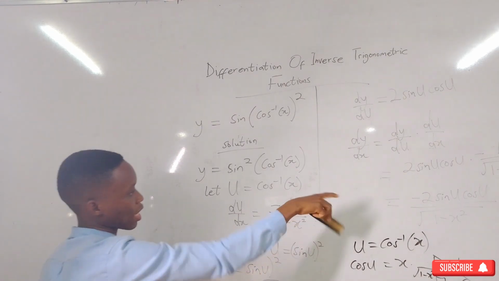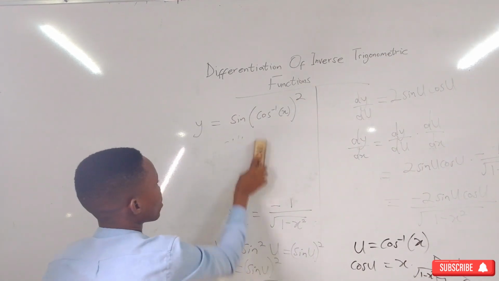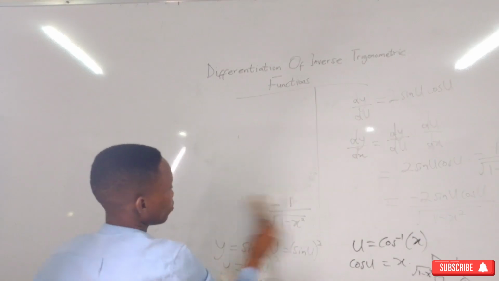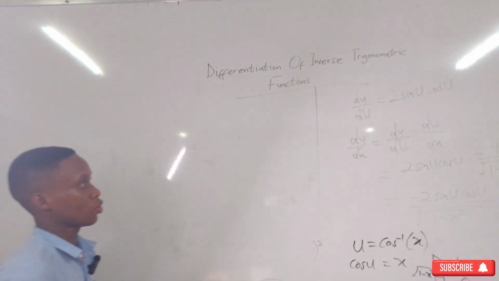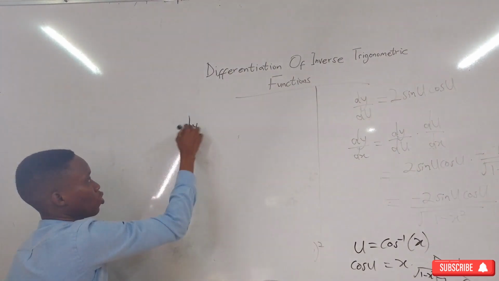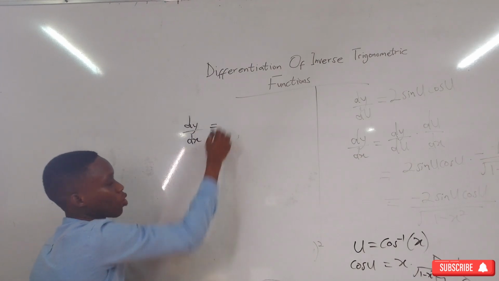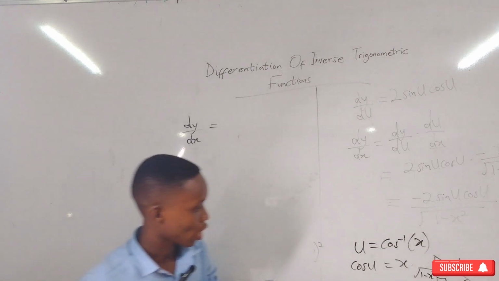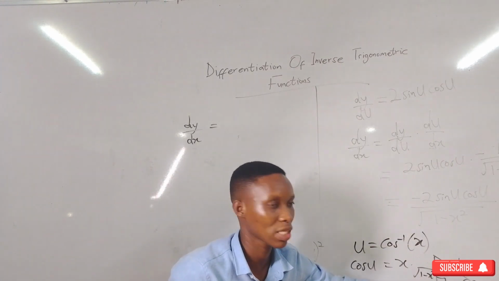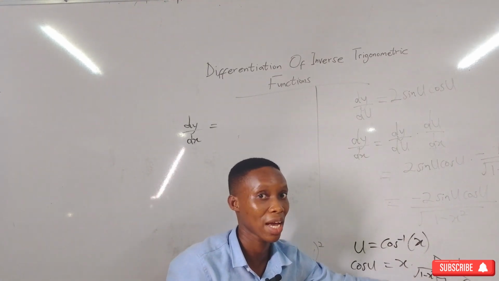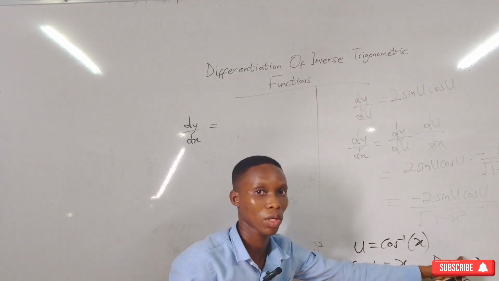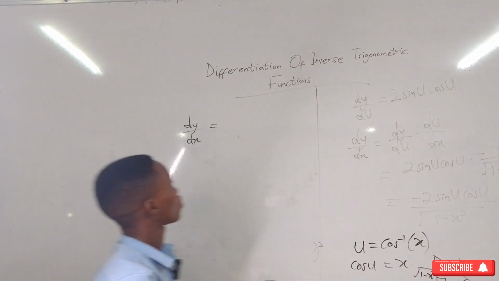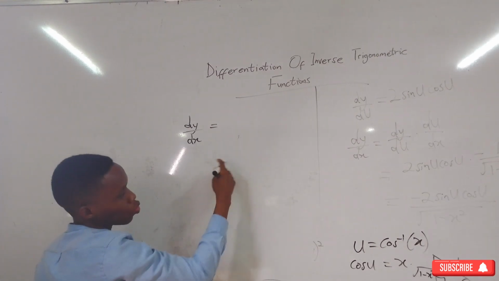So from that, let's come back to our dy/dx. We said dy/dx equals whatever function we have, which has sine u here. Since this is our u represented here, sine is opposite over the hypotenuse. So sine u will be opposite over hypotenuse.